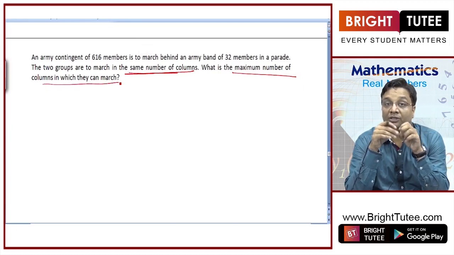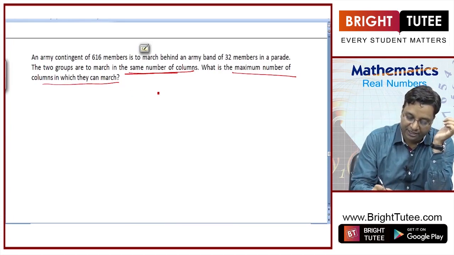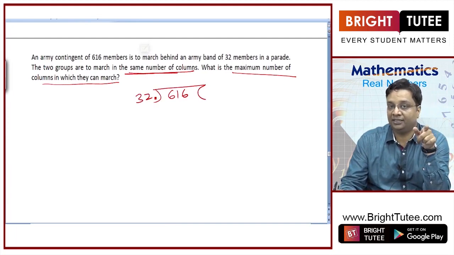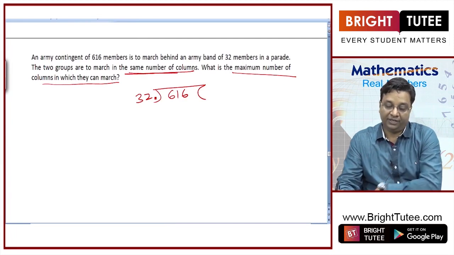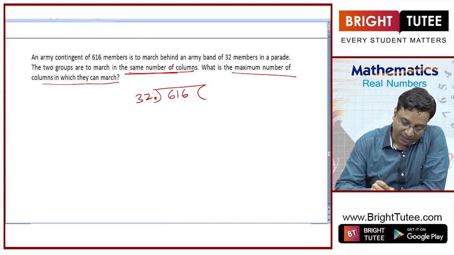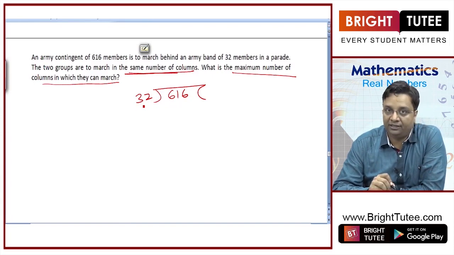So we are looking for a common factor in these two, right. So if I find the highest common factor of 32 and 616, let's find the highest common factor first, then we will talk about this question. So what will be the highest common factor of 616 and 32?